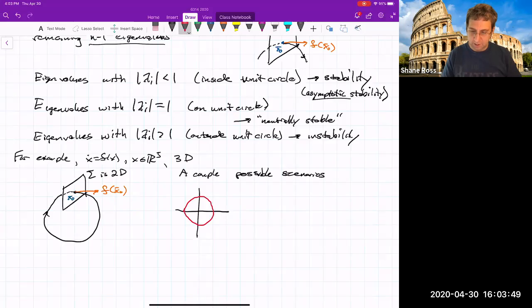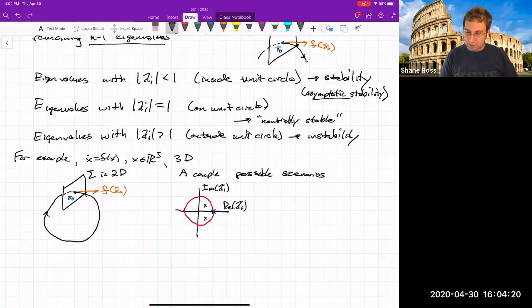So if I plot the unit circle, this is the plane where I'm plotting my eigenvalues. There's always going to be an eigenvalue 1. And let's suppose that I've got a complex eigenvalue that's inside the unit circle. Well, because this is a real matrix, I have to have its complex conjugate. So that means I've got 2 things inside the unit circle.